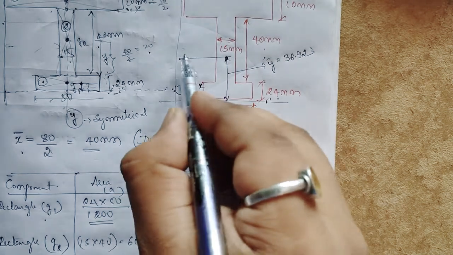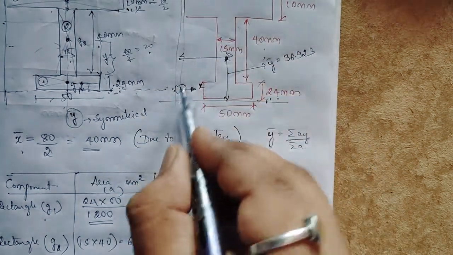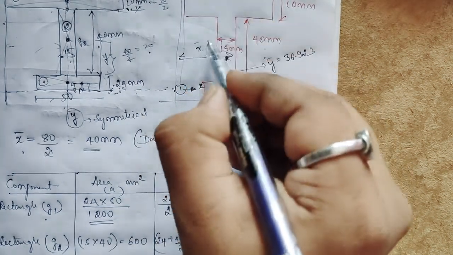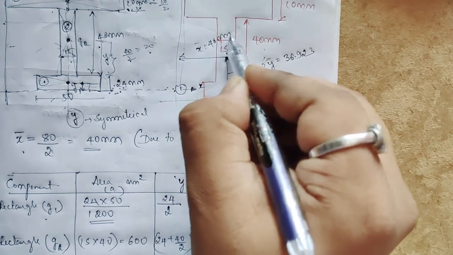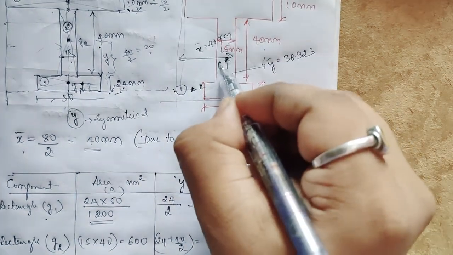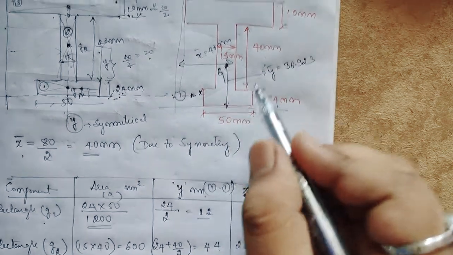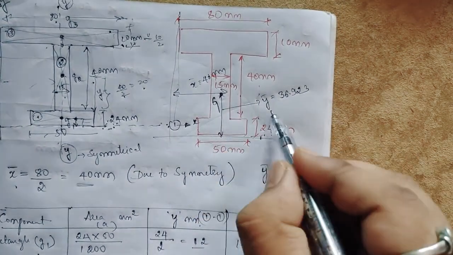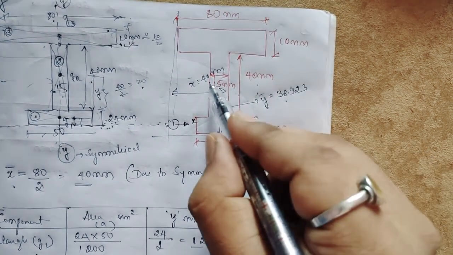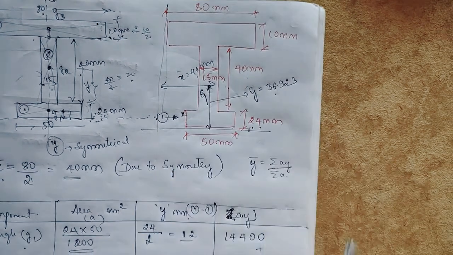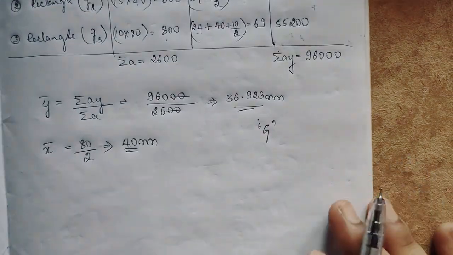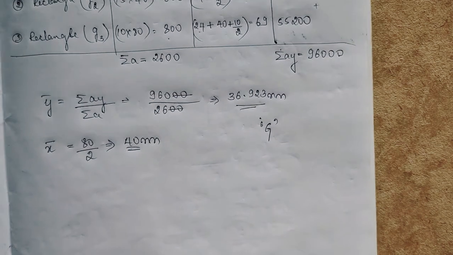Then x bar from the leftmost, x bar is nothing but 80 by 2, that is 40 mm. The position of G of this figure will be at y bar is equal to 36.923, x bar is equal to 40 mm. Okay, so this is for this problem.